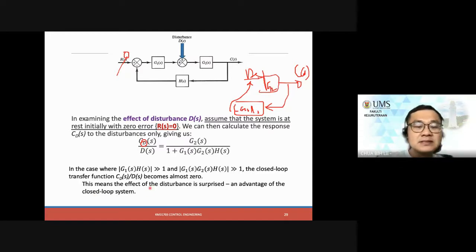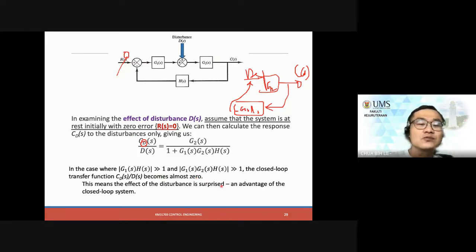So what it means is that if we would like to minimize the effect of this disturbance when it is being inserted, how we could minimize it is we increase these transfer functions. If they are very large, large enough, therefore the effect due to the disturbance is almost zero.